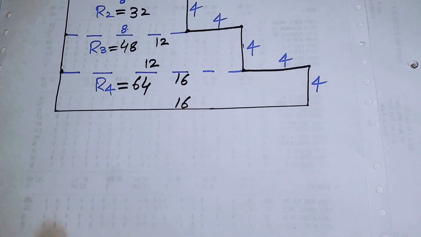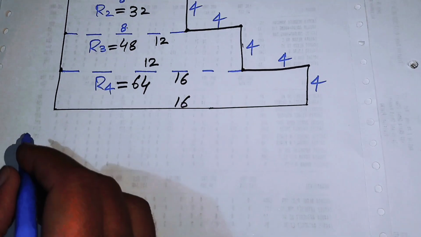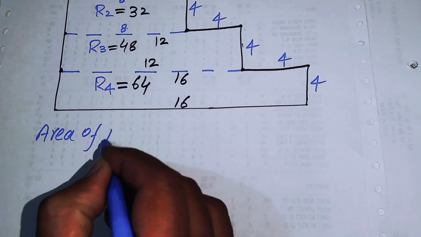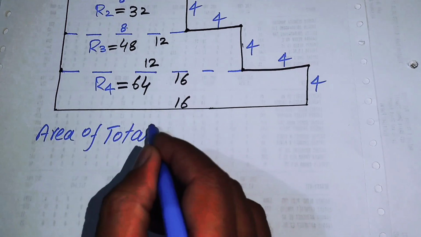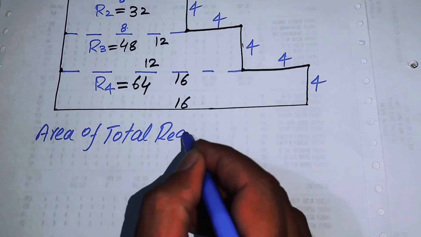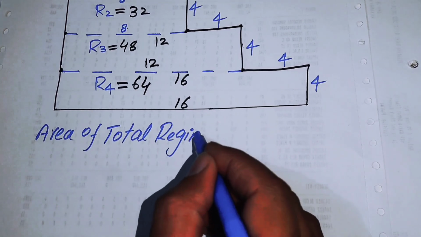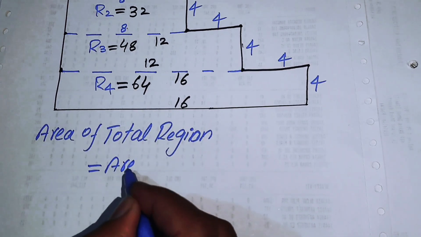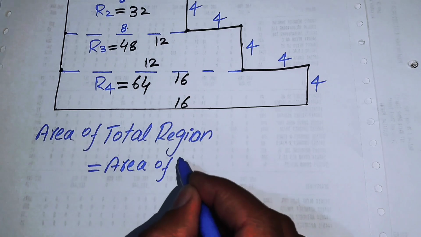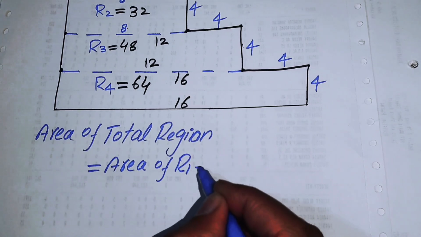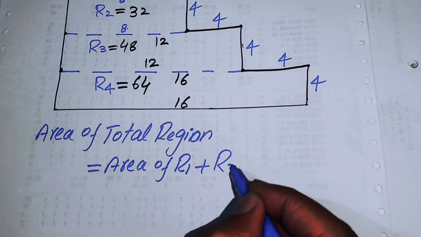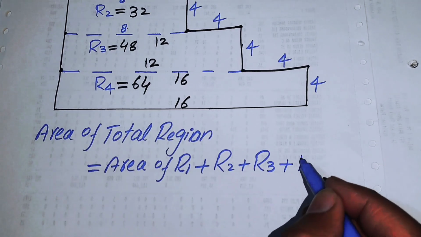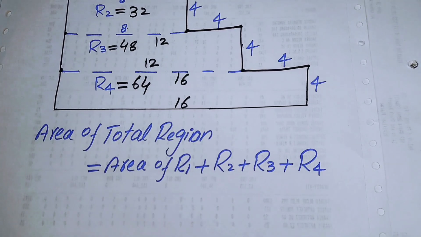So here we write: area of total region equals area of rectangle R1 plus area of rectangle R2 plus area of rectangle R3 plus area of rectangle R4.